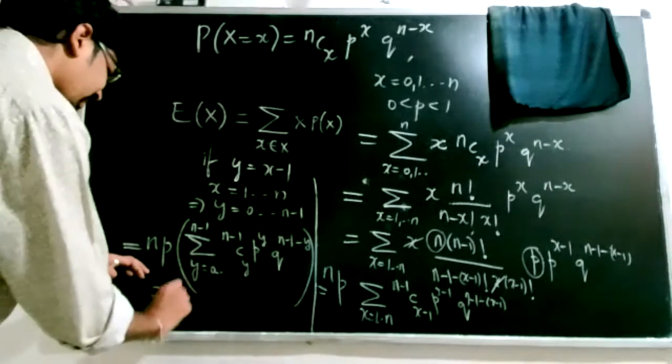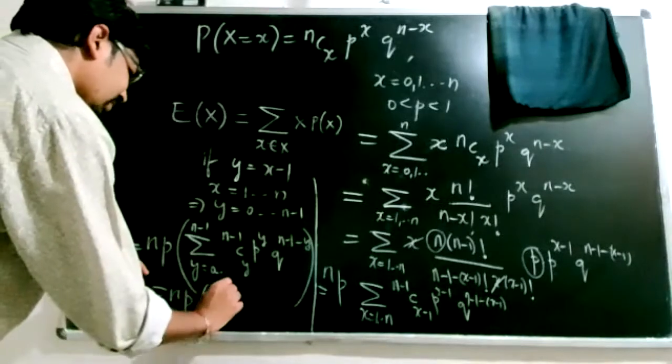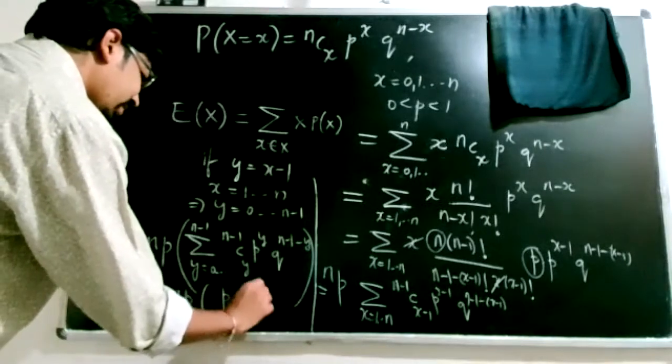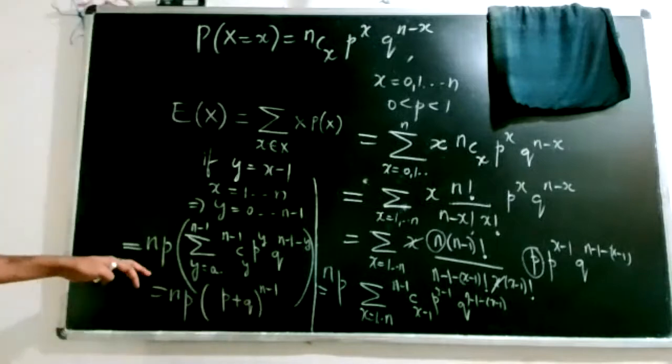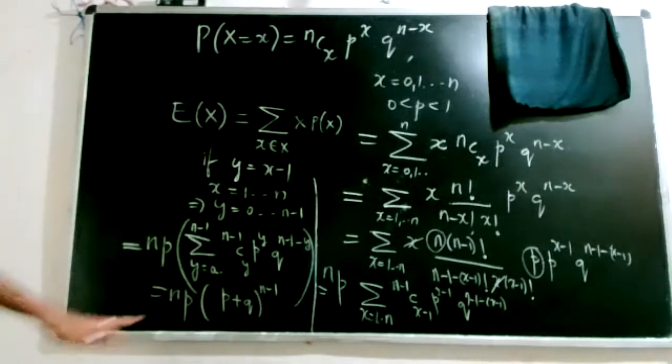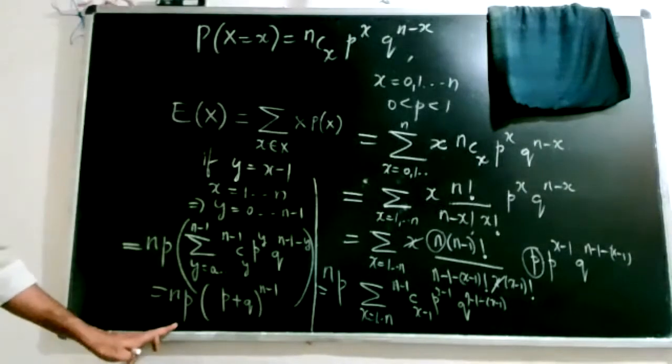Since it is a PMF, the total is equal to 1. So you get p plus q to the power of n minus 1, which is again equal to 1, and your mean simplifies to n into p.